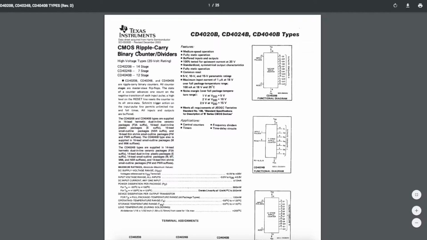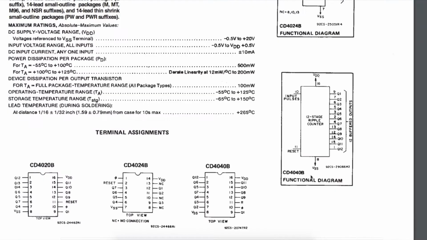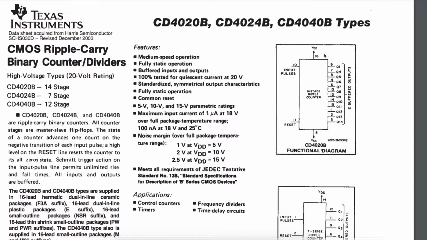These are all CMOS ripple carry binary counters / dividers. So the 4020 is a 14-stage, 4024 is a 7-stage, and the 4040 is a 12-stage. So just looking at the 4020 with 14 stages versus the 4040 that I'm using with 12 stages, this is a 16-pin package, and so is the other one with 2 extra stages.